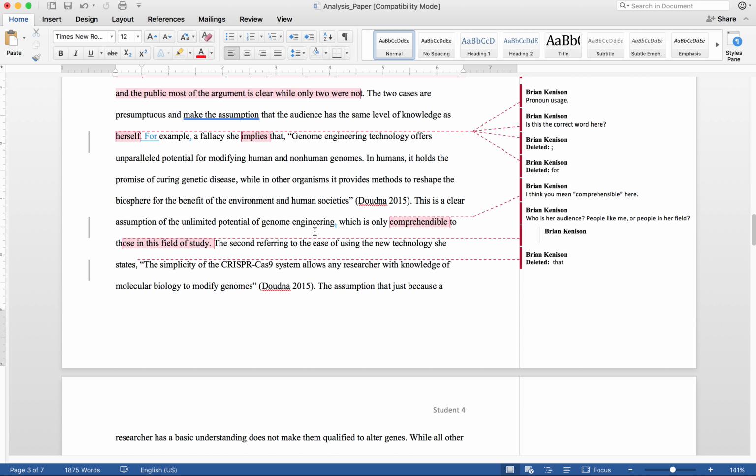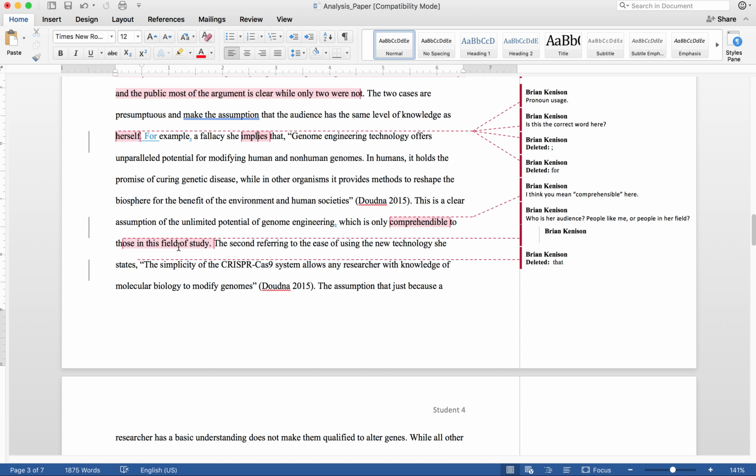And so I think the author needs to clear that up, not talk about both assumptions and fallacies in the same paragraph. It says that this is a clear assumption of the unlimited potential of genome engineering, which is only comprehensible to those in this field of study.